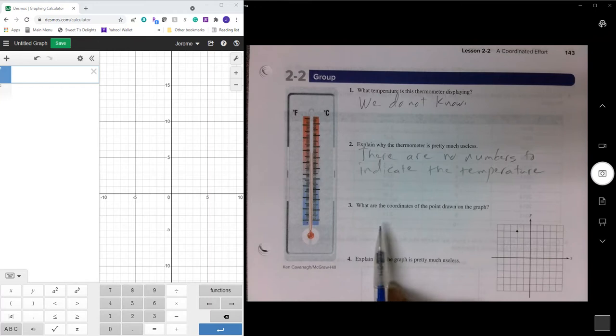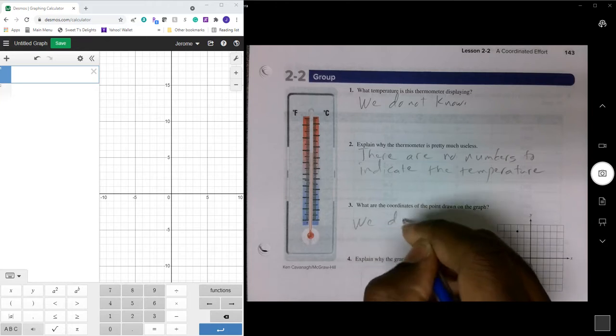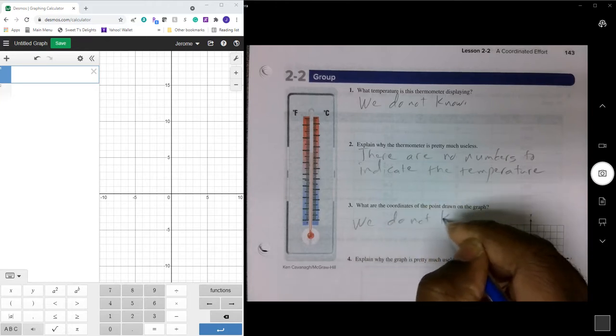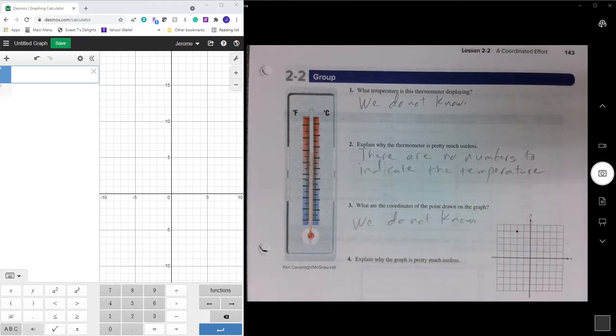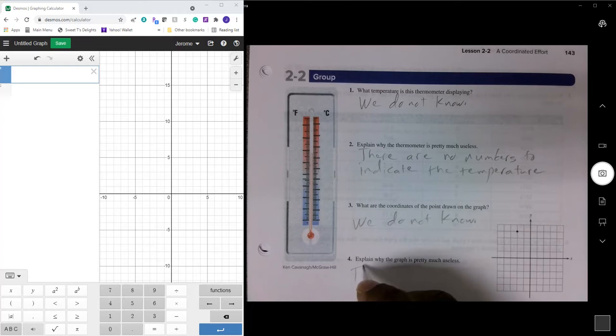Now it says, what are the coordinates of the point drawn on the graph here? We could say we do not know. Explain why the graph is pretty much useless. It's basically the same as number 2.